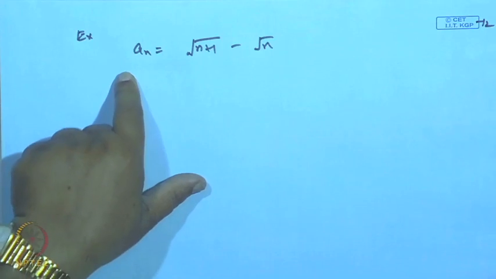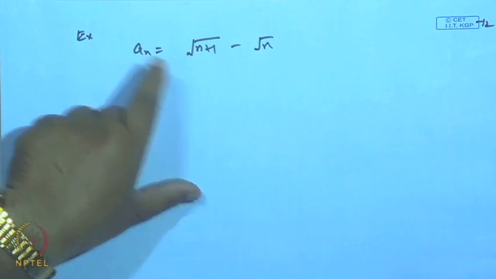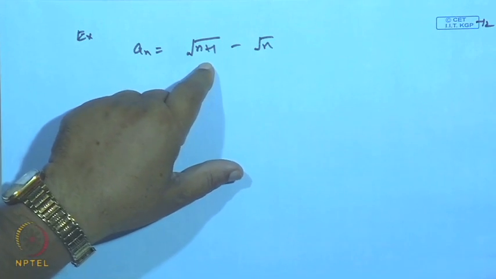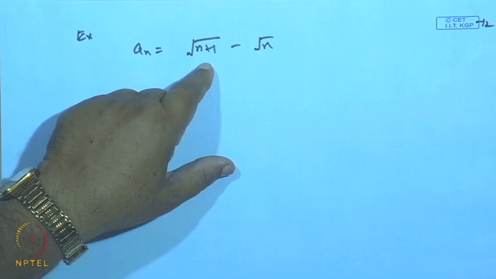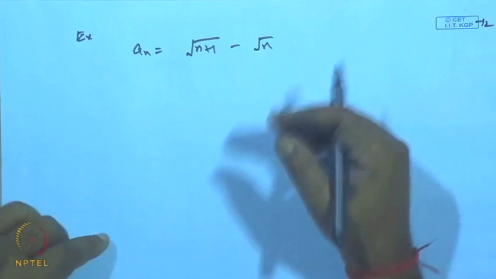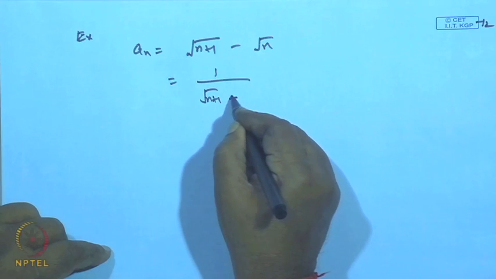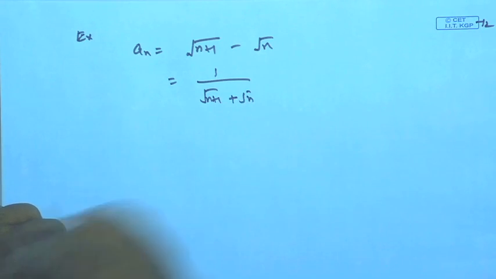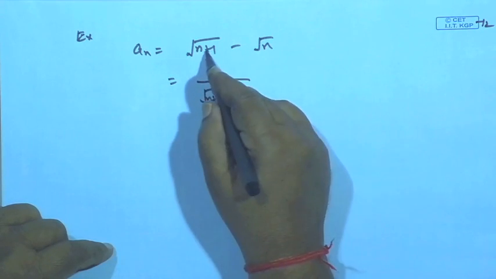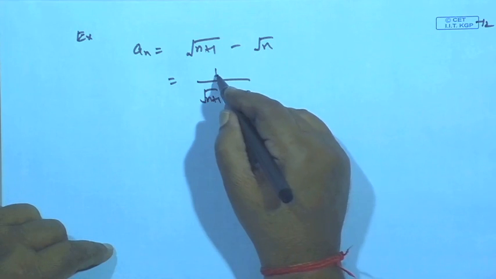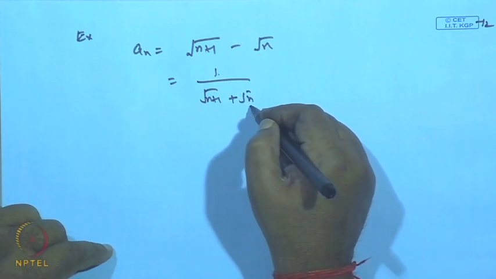If you go to the limit as n tends to infinity, what are you getting? Infinity minus infinity, which is indeterminate. We cannot get it directly, but if we manipulate it slightly, we divide and multiply by the conjugate. When you multiply by this number, you get a square minus b square, which becomes 1, and this is equivalent to this sequence, is it not?